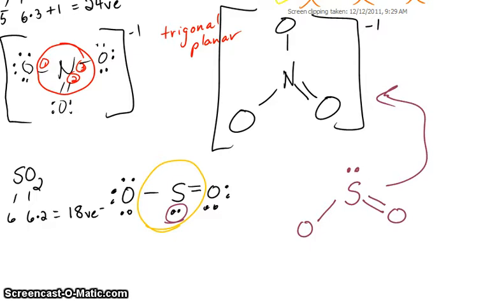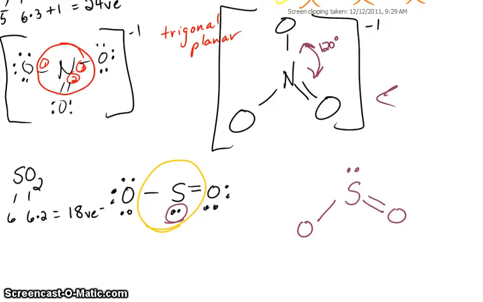Truth be told, this lone pair does affect this bond angle slightly. So up here, the bond angle is 120 degrees. Down here, it's a little bit less than 120 degrees because that lone pair pushes a little bit harder on these guys, kind of in that direction. I'm not really particular with bond angles, so don't worry too much about bond angles.